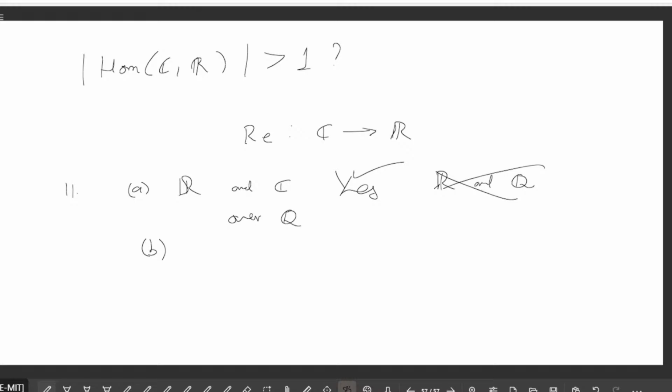Means the trivial subgroup and the one generated by minus 1. Just 2. Whereas in C, how many are there? Infinitely many. You take any nth roots of unity. And in fact, there are many other things.